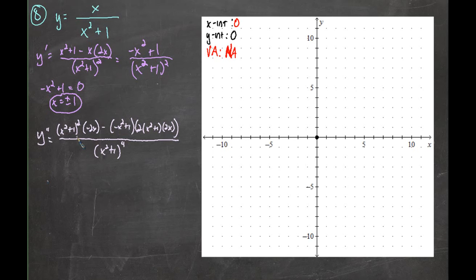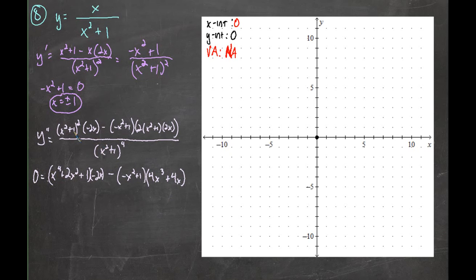So let's set it equal to 0, and at the same time, let's multiply this out. So we're going to get x to the 4th plus 2x squared plus 1, times negative 2x, minus negative x squared plus 1 times 4x, right, if we multiply these together, so we get 4x to the third plus 4x.